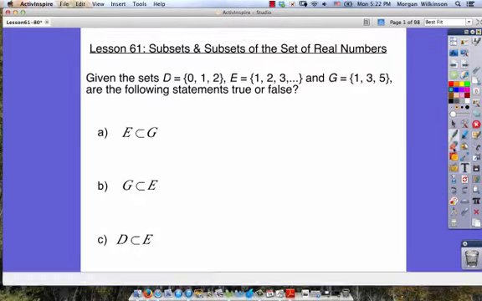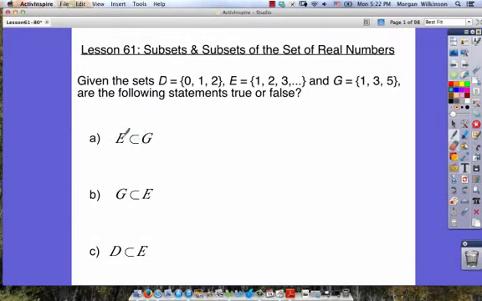Now, our first question, A, is asking: is E a subset of G? This symbol, this sideways capital U, means a subset. So is E a subset of G?